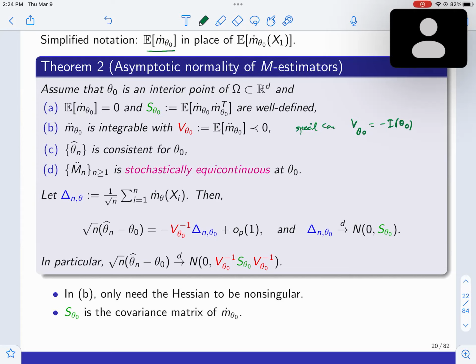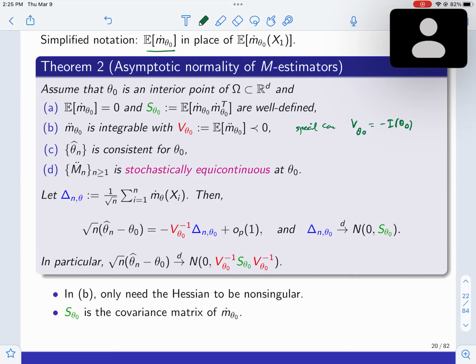So the CLT, for example, applies to it. We expressed the deviation of this general M estimator in terms of a quantity that we understand. Moreover, that quantity is going to converge to a normal with mean 0 and covariance S theta naught.